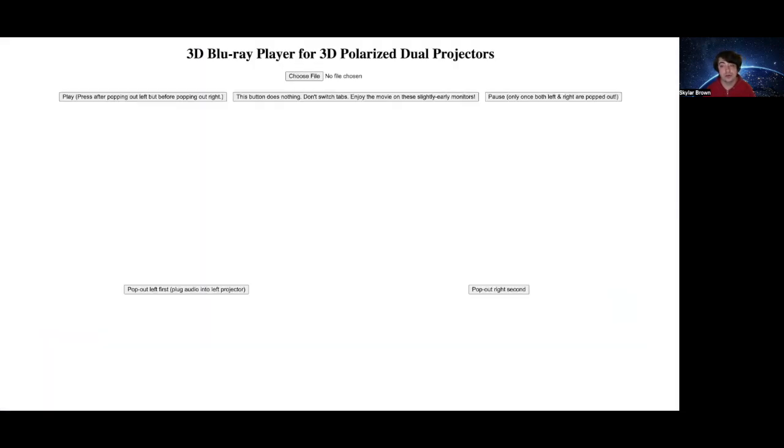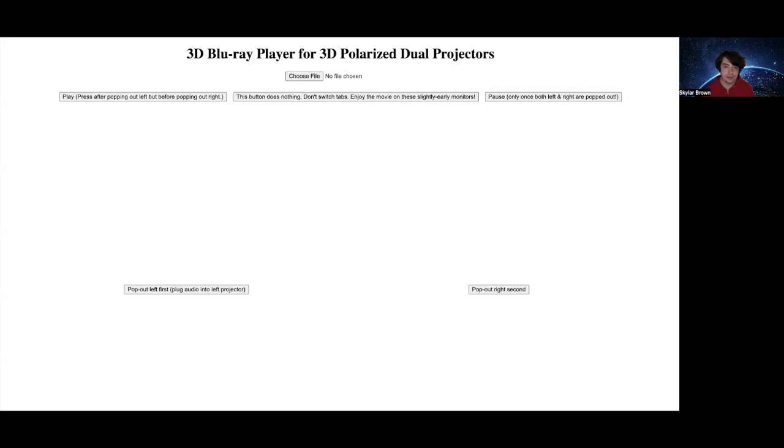To solve the issue of no more 3D TVs and 3D projectors being expensive, I've created a tool that can be used to convert the MP4 that would originate from a 3D Blu-ray into a format that is compatible for 3D polarized dual projectors.